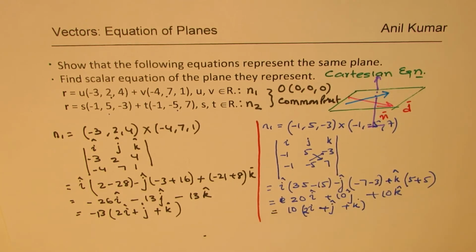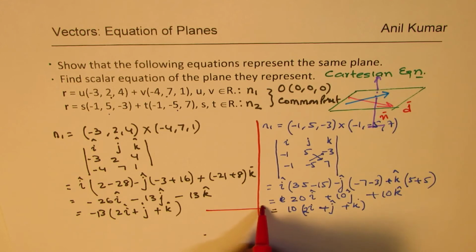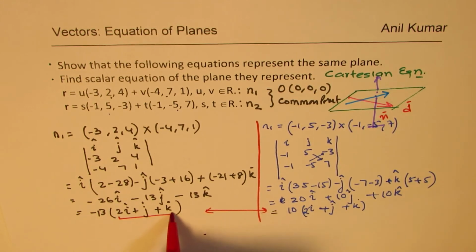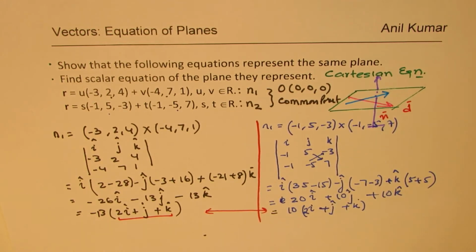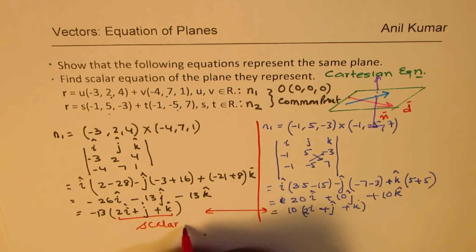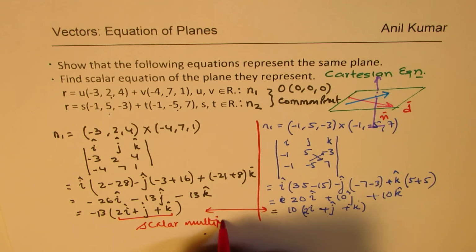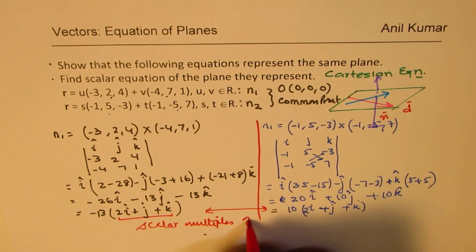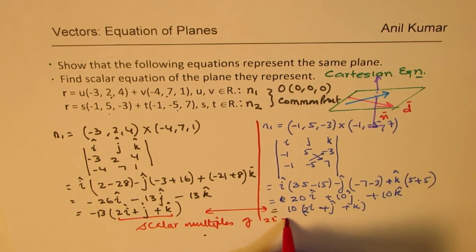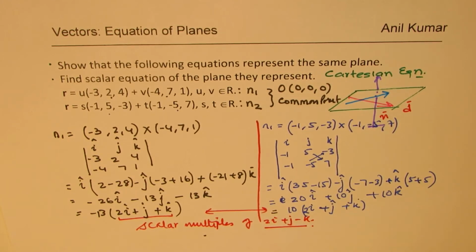As you can see, these are scalar multiples of 2i plus j plus k. So that shows that both of them are actually the same plane, because their normal direction is exactly the same, correct?